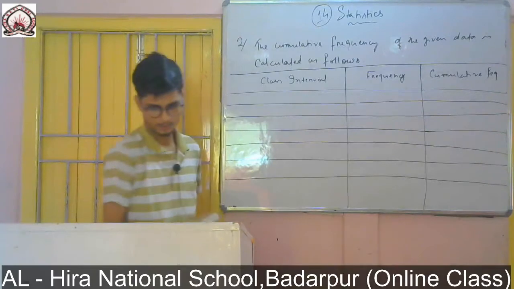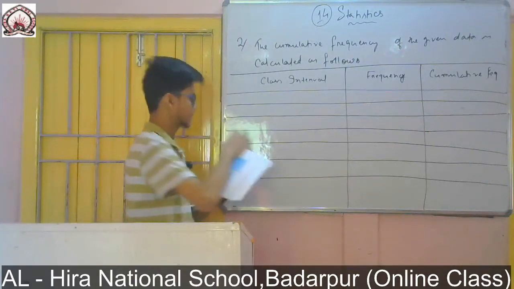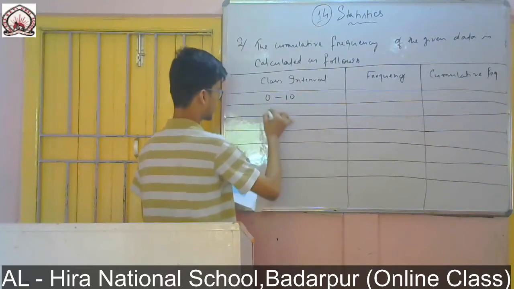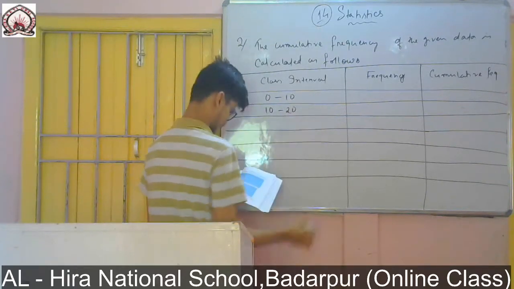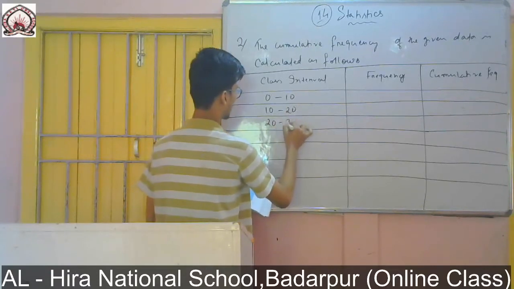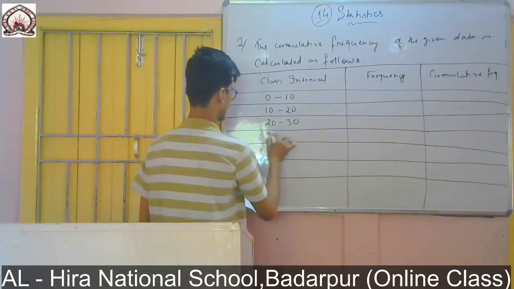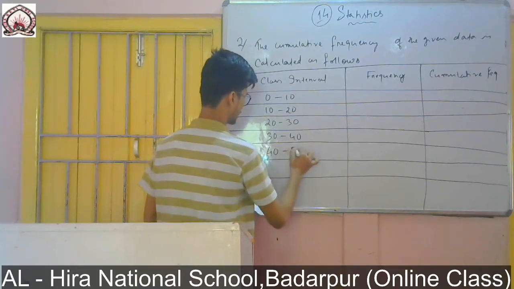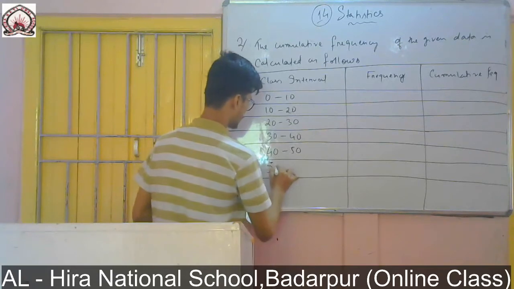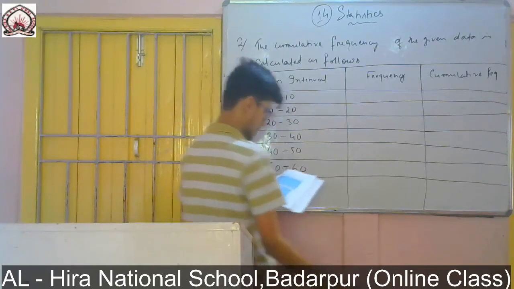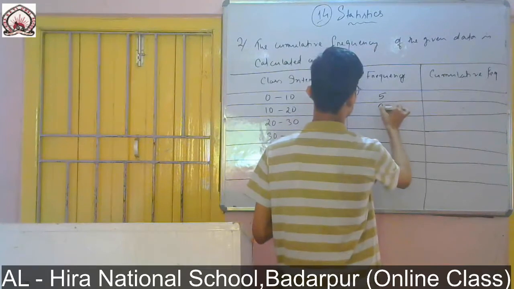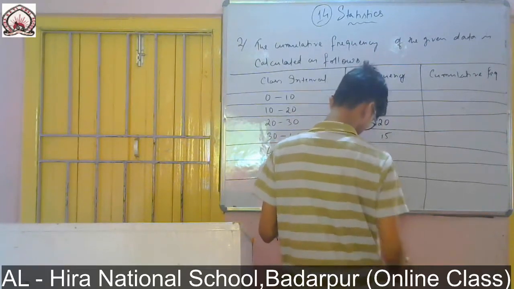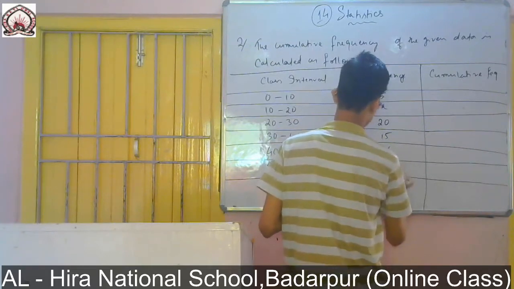Okay, so now I will write the intervals which are given: 0 to 10, then 10 to 20, then 20 to 30, 30 to 40, 40 to 50, 50 to 60, and the frequencies given are 5, then x, then 20, then 15, then y, and at last 5.